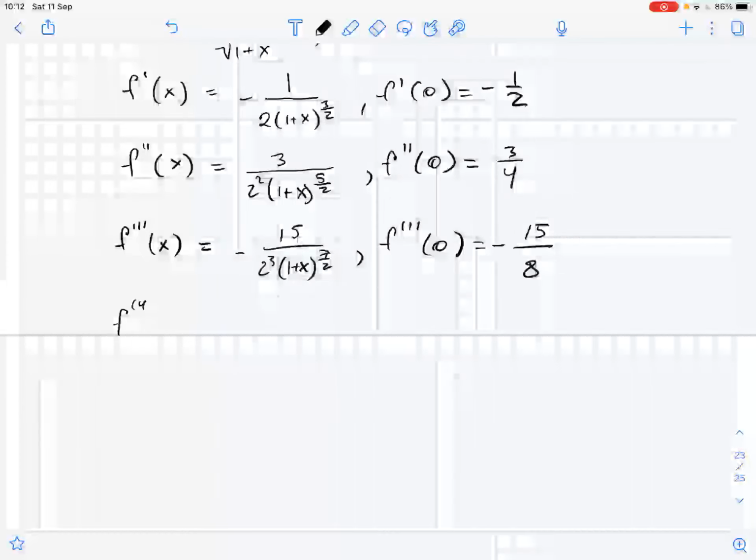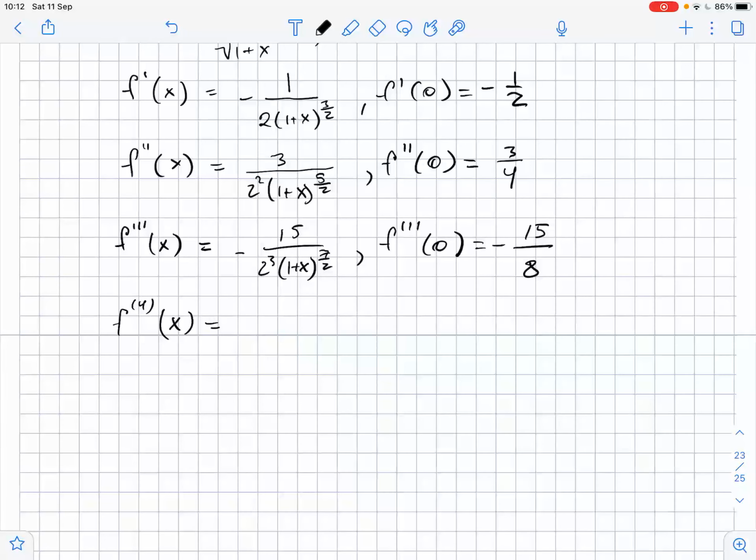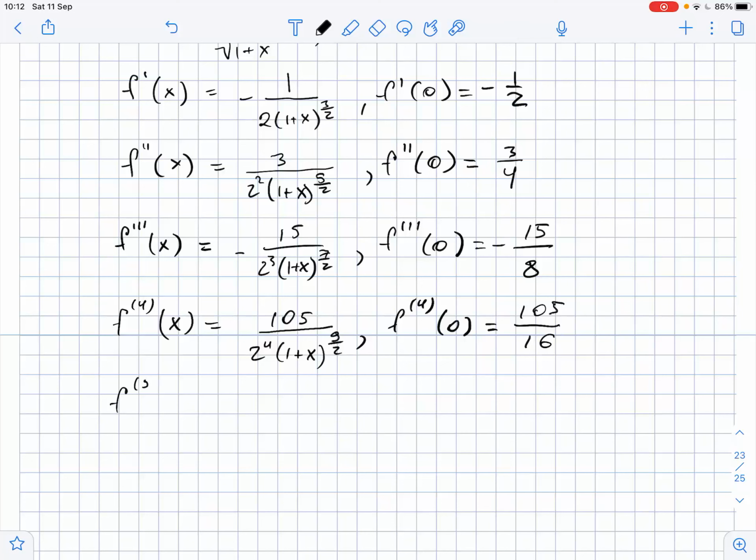The fourth order derivative of f of x equals 105 over 2 to the fourth power times 1 plus x to the power of 9 over 2. Then the fourth order derivative of f of 0 equals 105 over 16.